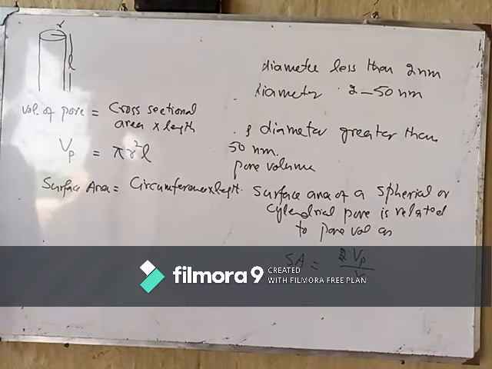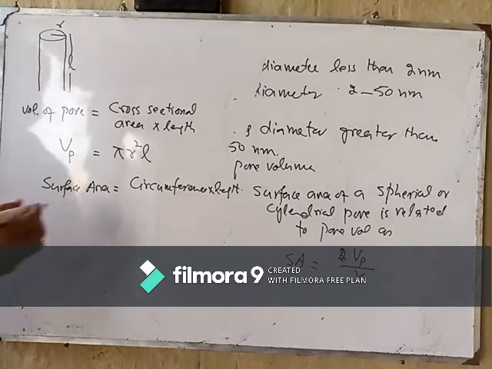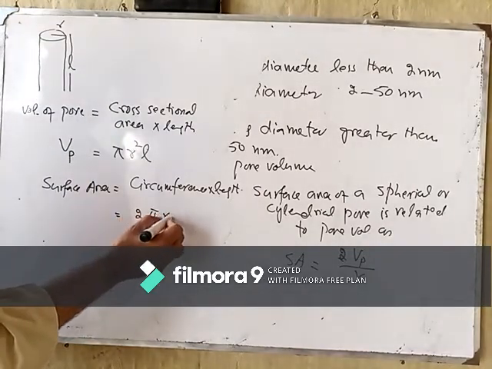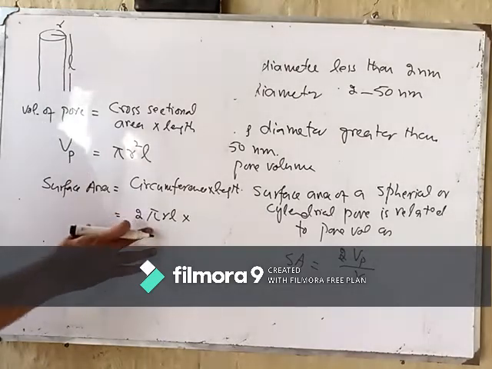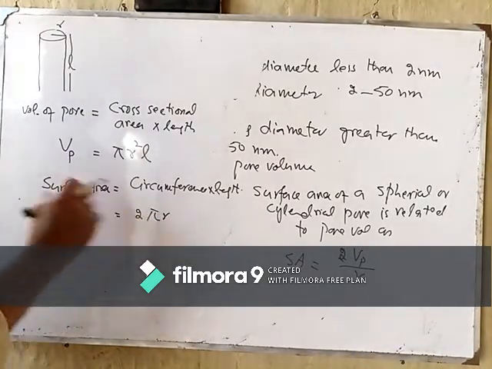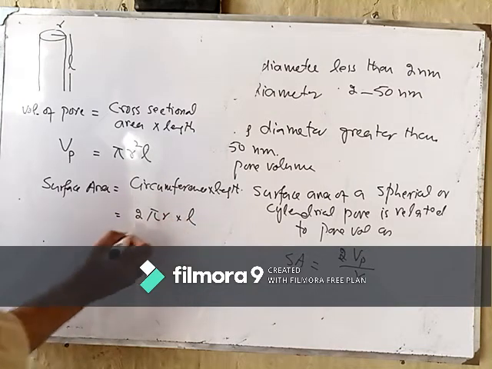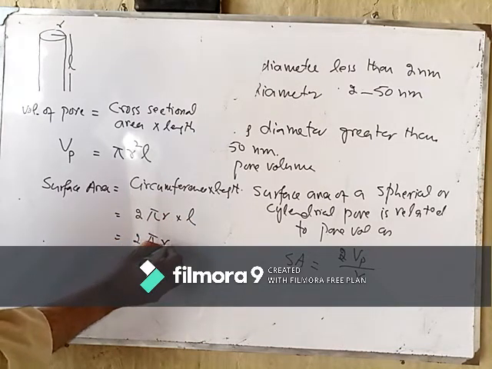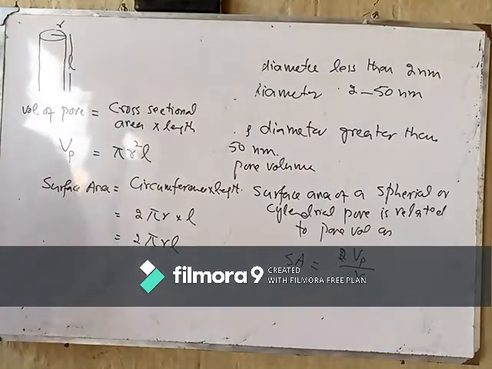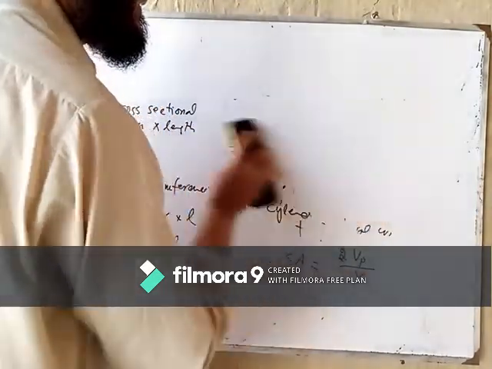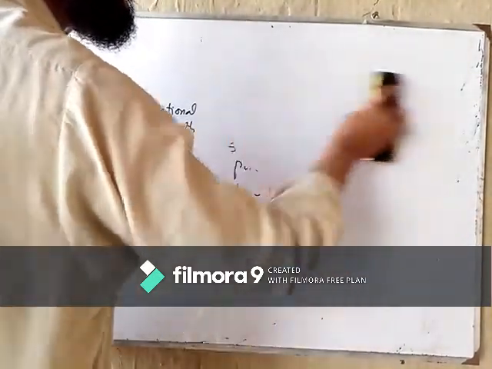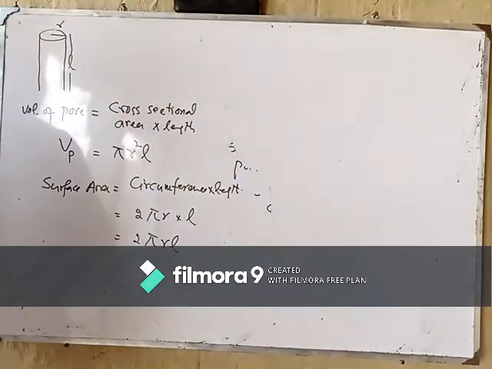Circumference is equal to 2 pi R, 2 pi R circumference है और length L है. So 2 pi RL. अब इन दोनों का रेशो क्या है? सरफेस एरिया डिवाइडेड बाय वॉल्यूम.